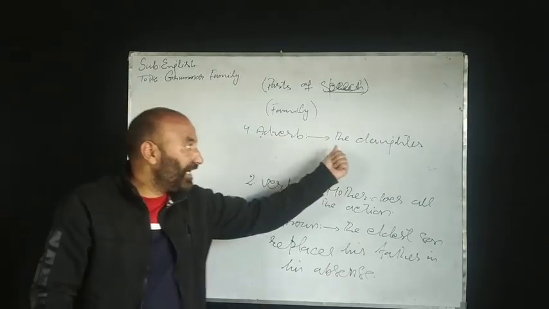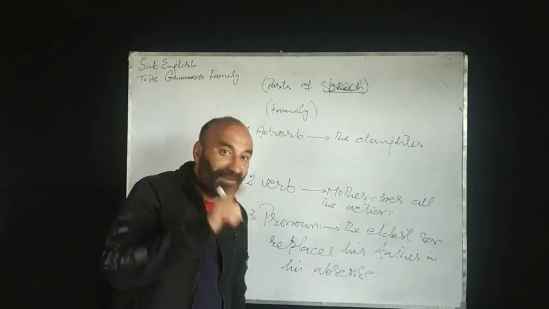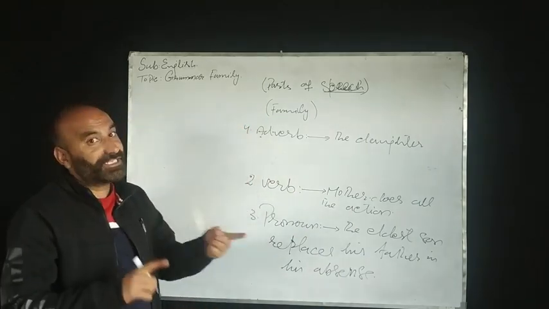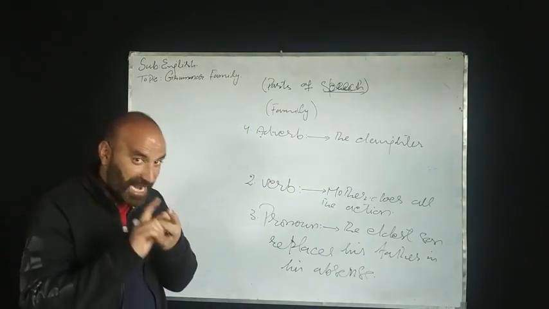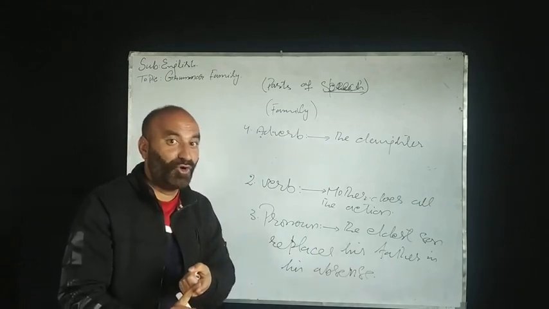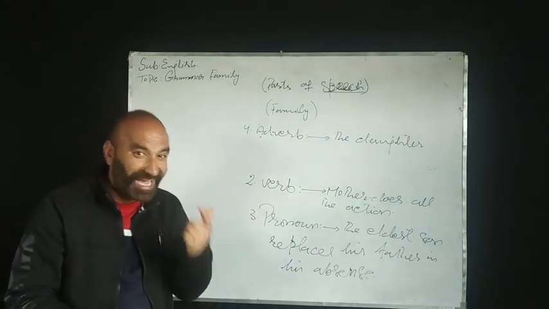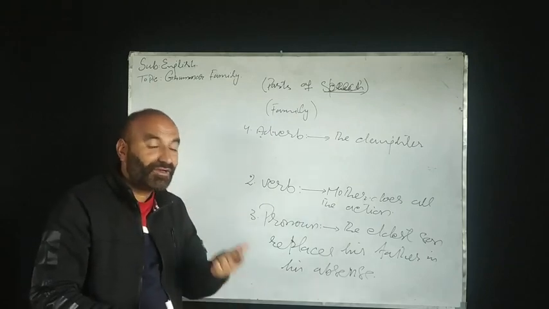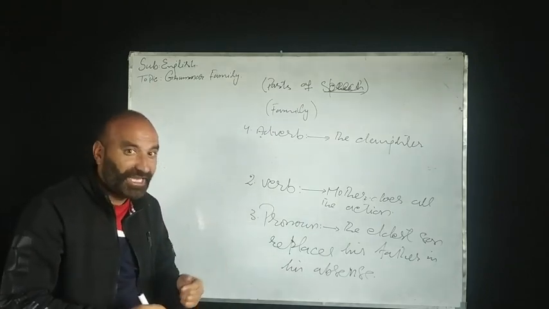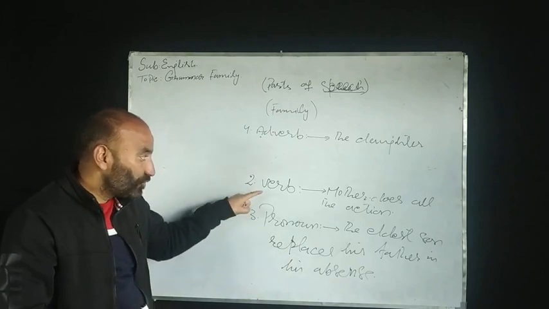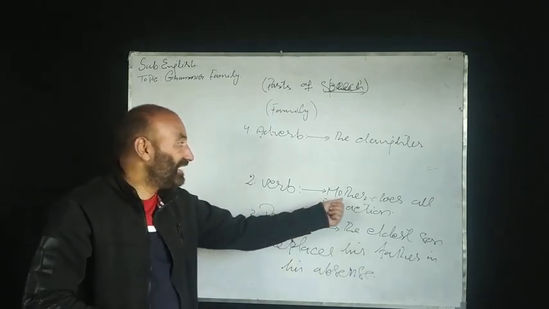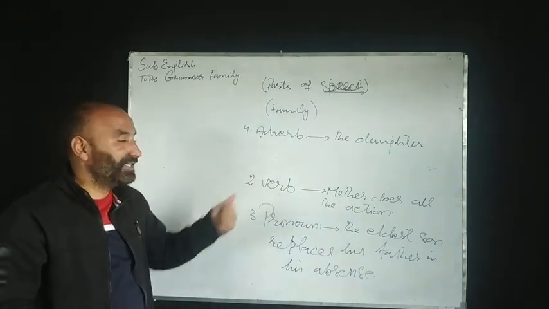Why? Because the daughter helps her mother at her home to do the work nicely, well, quickly, slowly. Got it? So, who is the mother? The mother of our grammar family is verb.